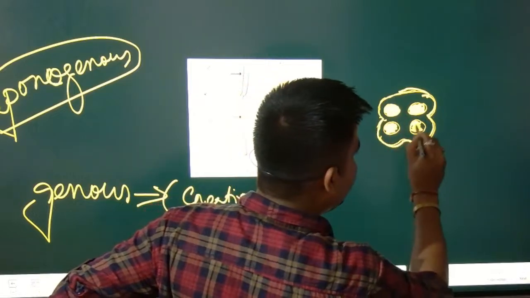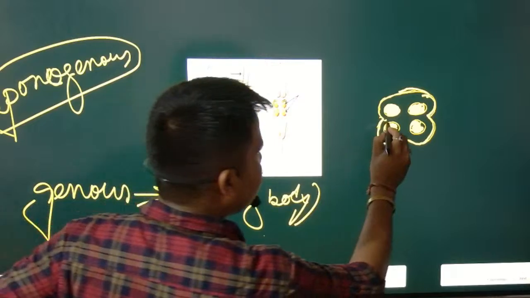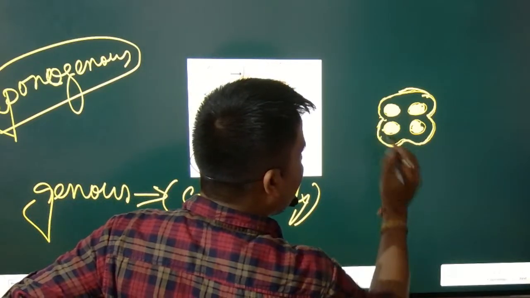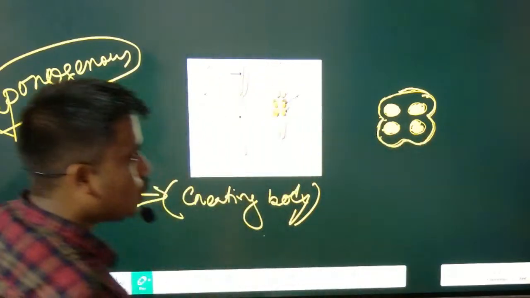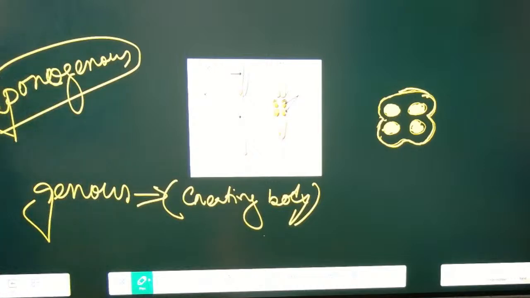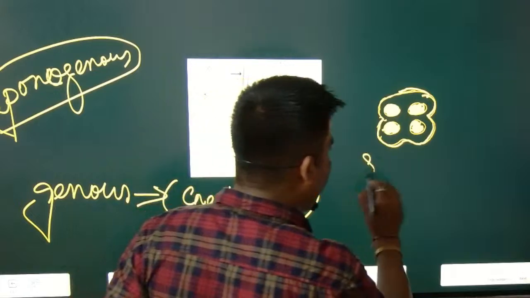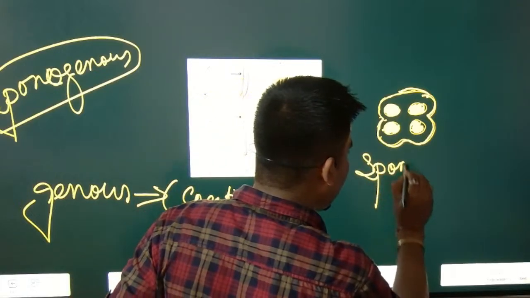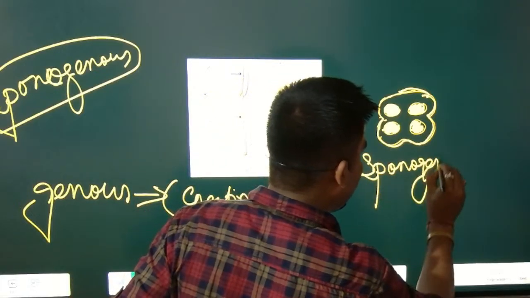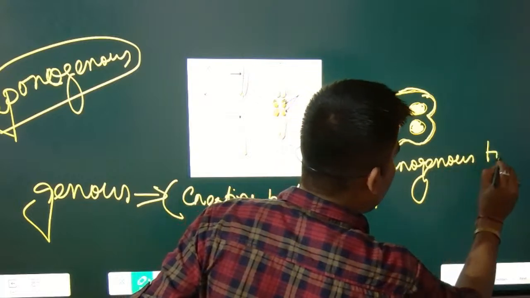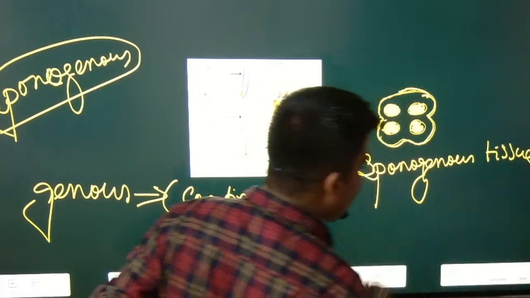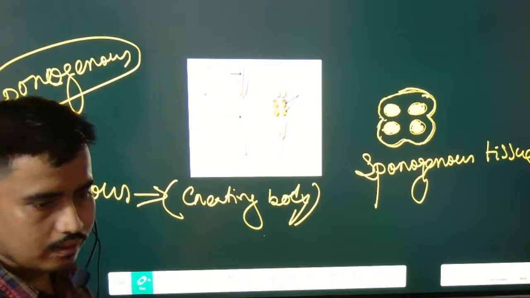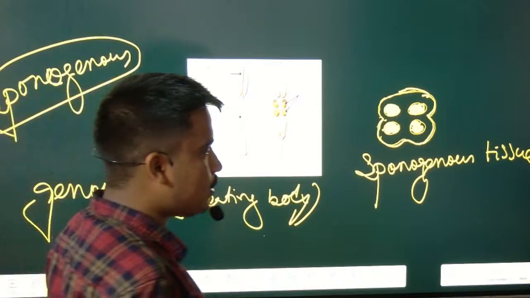Okay. So a tissue is made by multiple cells. This sporogenous tissue must have cells, isn't it?